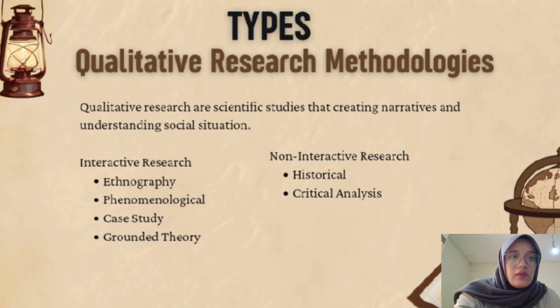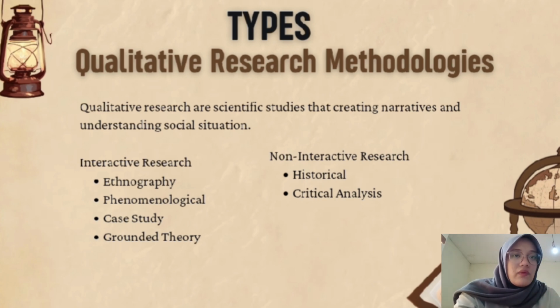In interactive there are ethnography that studies cultures, phenomenological that studies personal experience, case study that focuses on one specific case, and grounded theory that develops theories from observations. And in non-interactive research there are historical that studies past events, and critical analysis that evaluates texts or ideas deeply.